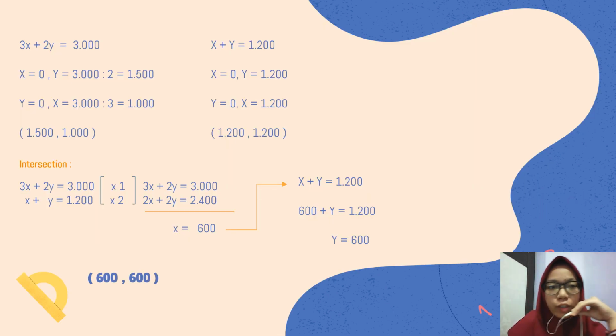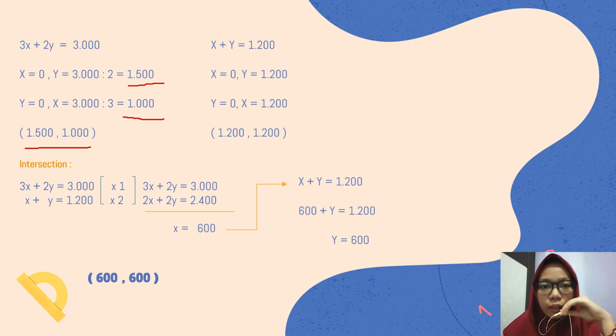From the equation, we find the values of x and y. If x is equal to 0, then y is equal to 3,000 divided by 2, and the result is 1,500. And if y is equal to 0, then x is equal to 3,000 divided by 3, and the result is 1,000. So the points are (0, 1,500) and (1,000, 0).